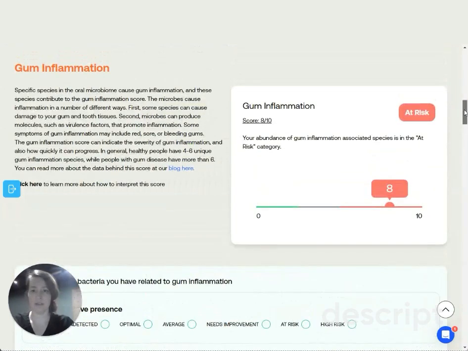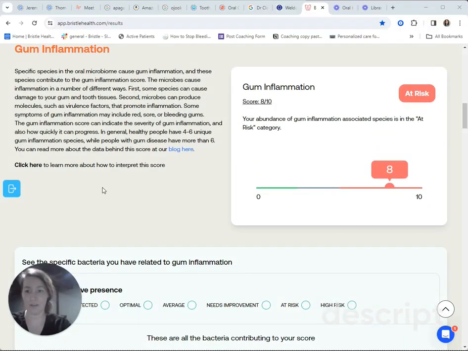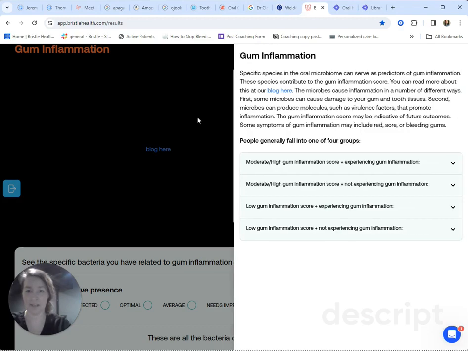So coming back to his test score, you can go ahead and click into this section here where it says click here. In this area, you can actually pull up what he might be experiencing as far as symptoms, and it can explain where these scores can be when it comes to the gum inflammation score or the corresponding presentation of disease as far as a clinical presentation.